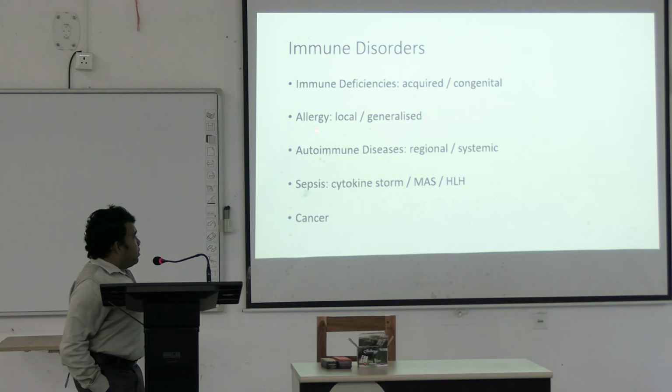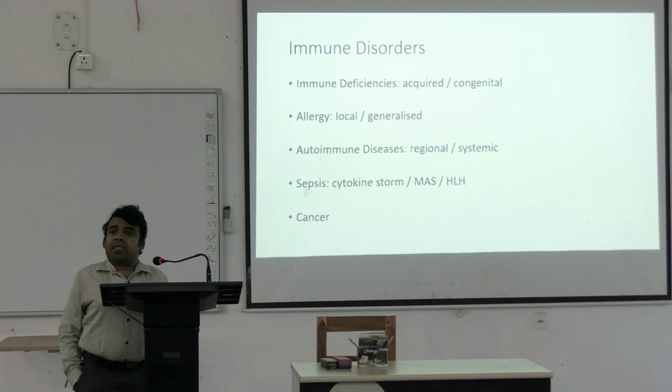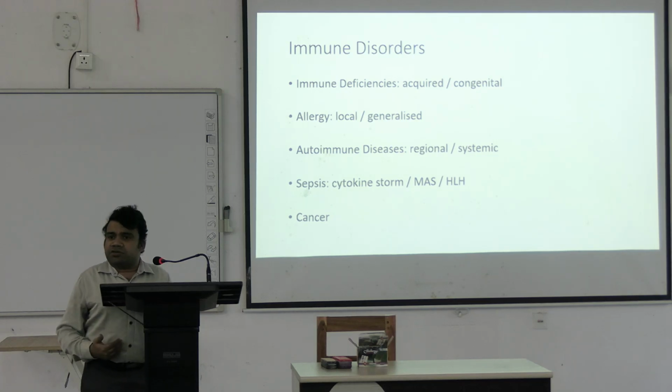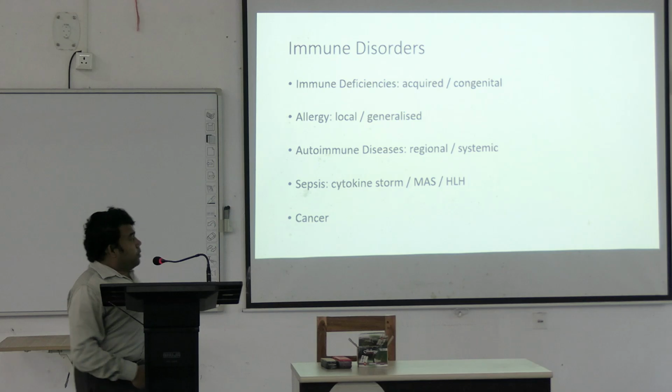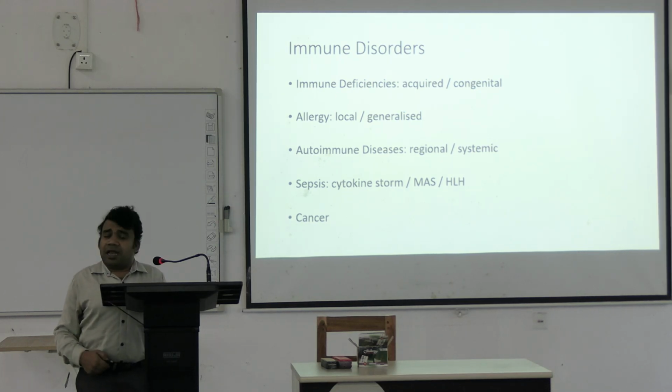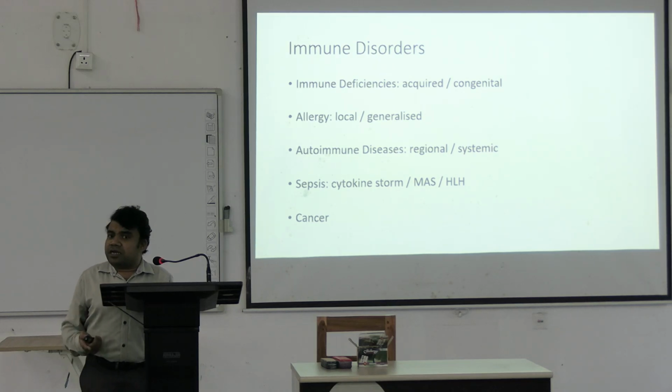Alternatively, we can have something called hyper response. That means an unwanted exaggerated response of the immune system. This unwanted exaggerated response may be localized in the form of an allergy like urticaria, or this may be a generalized allergy, for example anaphylaxis.